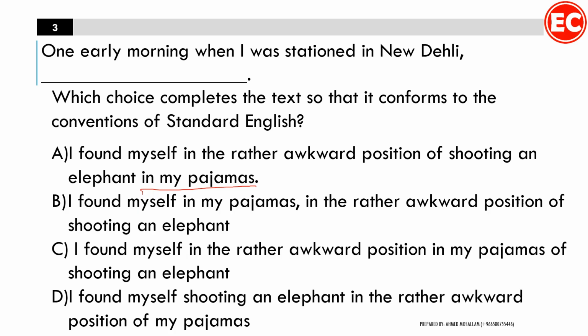I found myself in my pajamas in the rather awkward position of shooting the elephant. Pajamas describing me. I found myself in the rather awkward position in my pajamas. Pajamas describing the position. I found myself shooting an elephant in the rather awkward position of my pajamas, which just doesn't make sense at all. So from this explanation, which one is correct? For sure it's B.